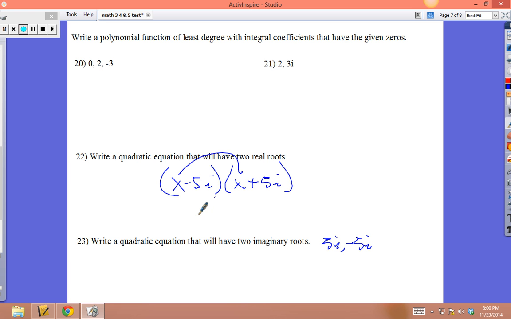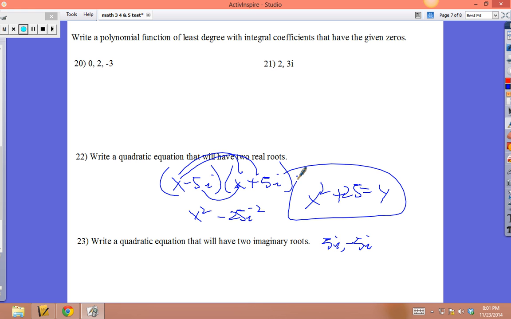So distribute x squared, but this is going to cancel with this, so I'm going to skip it and just do a minus 25i squared, and i squared is a negative 1, and then negative 1 times a negative 25 is a positive 25, so x squared plus 25, there's my function.